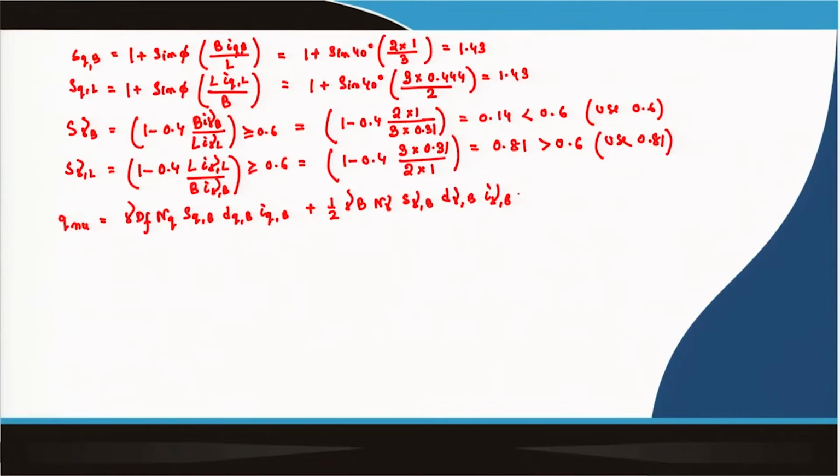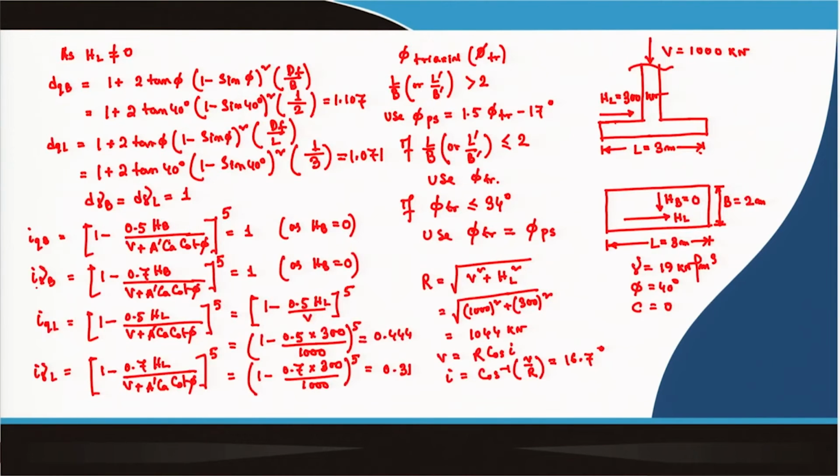So that is minus gamma Df. Now I put that gamma is 19, Df is 1. The depth of foundation is not given, so the depth of foundation Df is equal to 1 meter. Okay, so this depth of foundation is 1 meter.